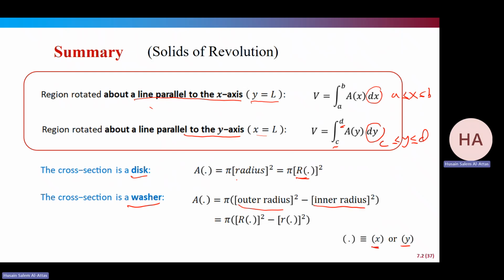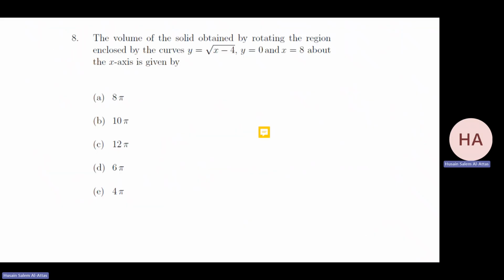I don't have only one radius, I have 2 radii, one outer, one inner. Then we have pi outer radius square minus pi inner radius square, like the outside volume minus the hole in the middle.